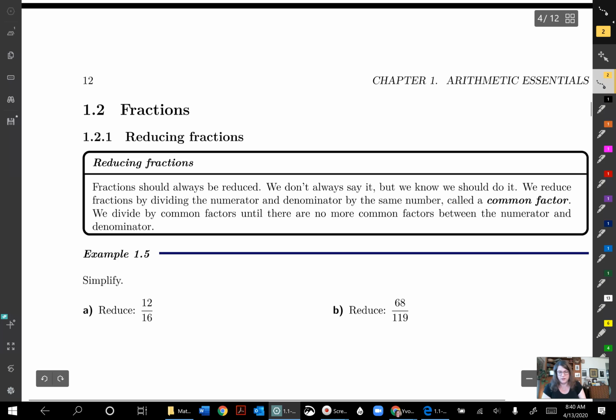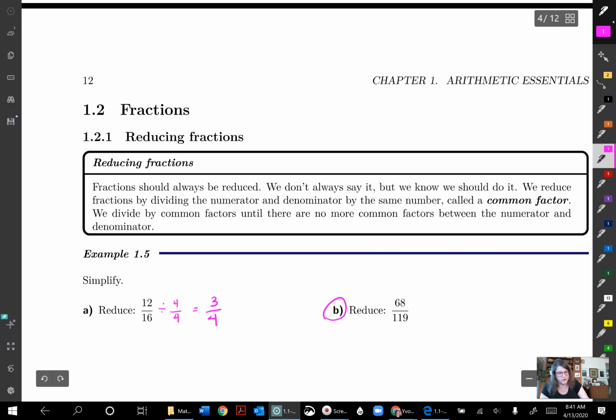So for example here, example 1.5a, we would reduce 12/16. We have a common factor of 4 that goes into both of those, and so we would just divide by 4 over 4. That's like dividing by 1, and we would end up with 3/4. So B is a little bit larger and more to work with, but go ahead and just try that one.